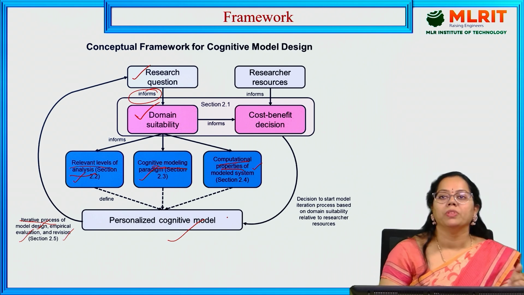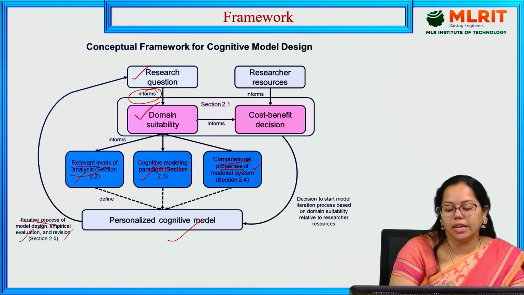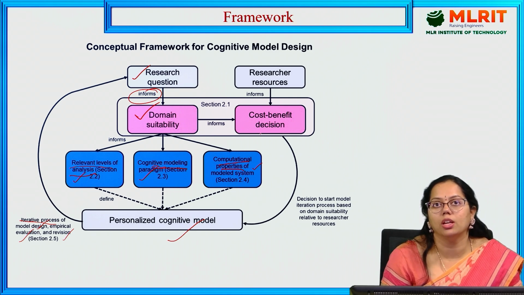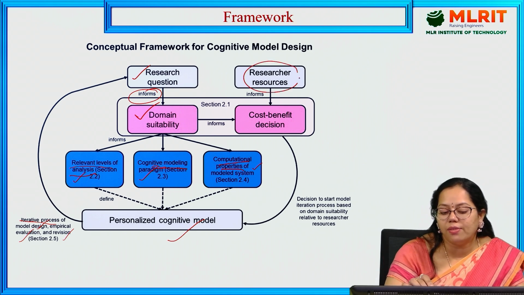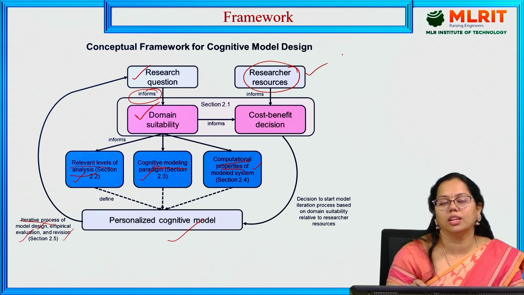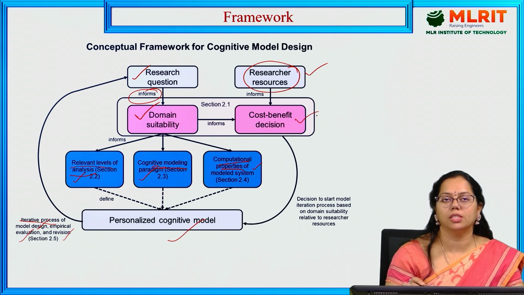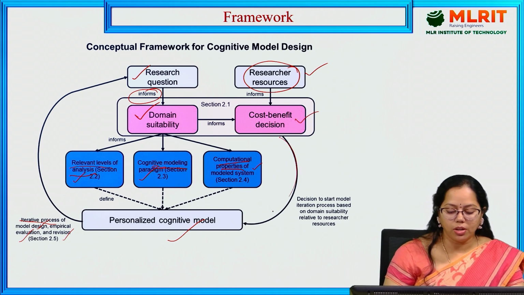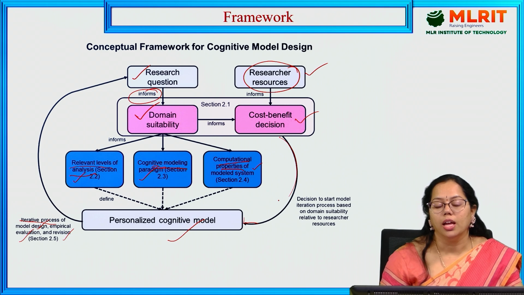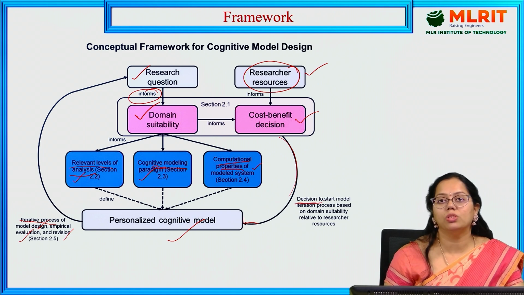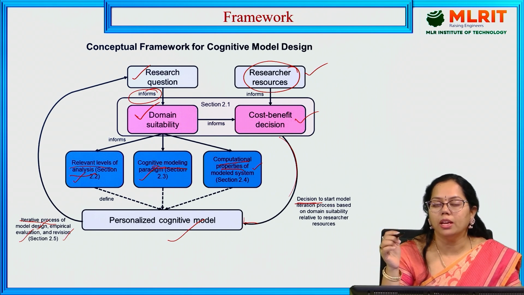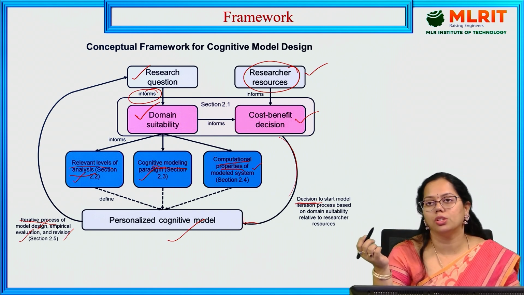Now domain sustainability again informs the cost-benefit decision, where the researcher has some resources that he can support in giving the inputs. This again is input given to the personalized cognitive model. This decision is given to start the model iteration process based on sustainability of the domain, which is related to researchers' resources.